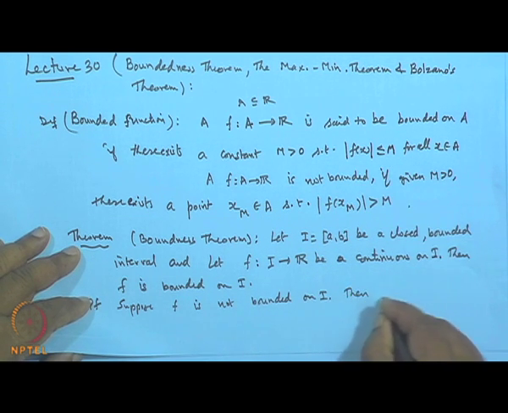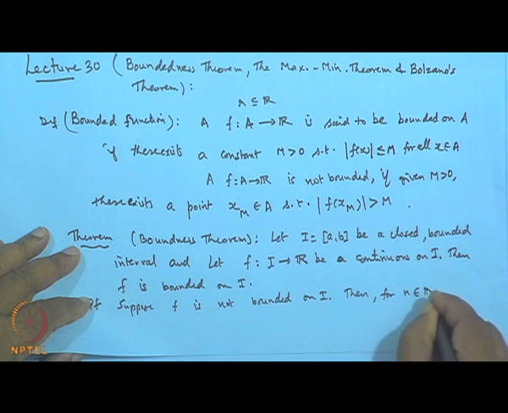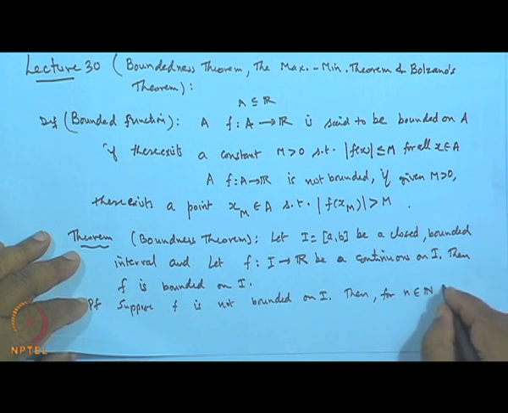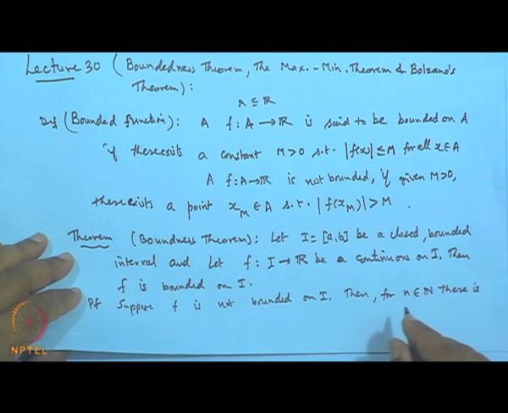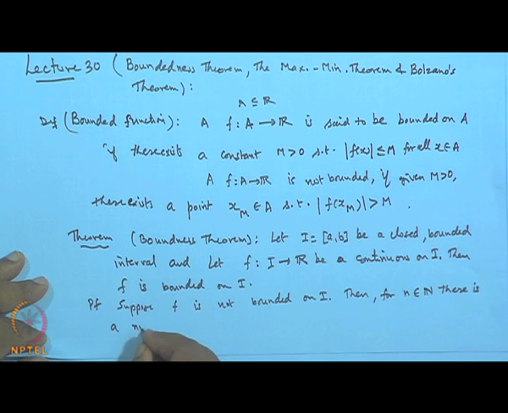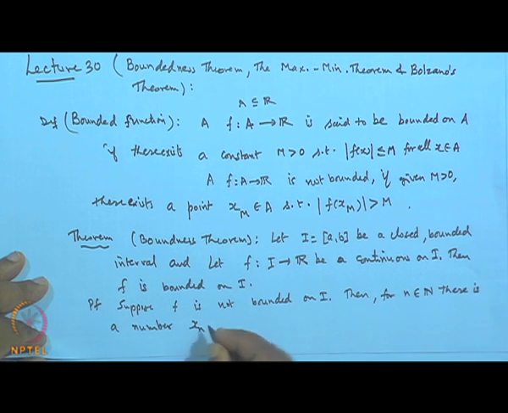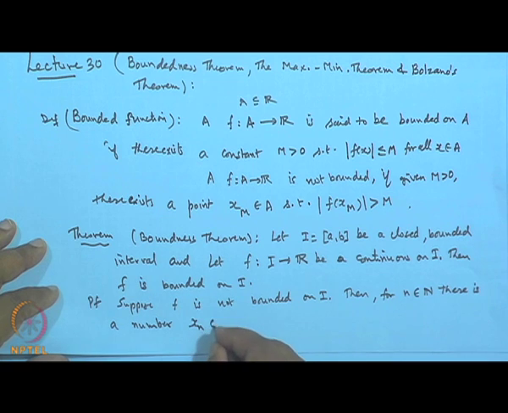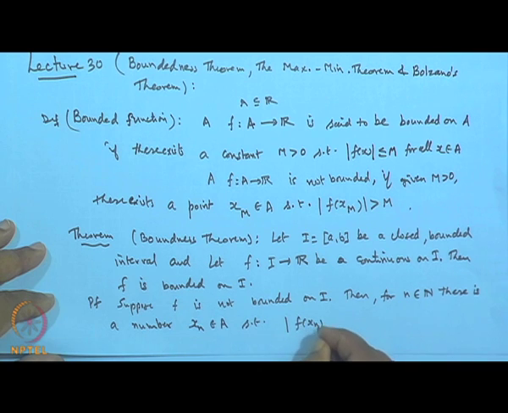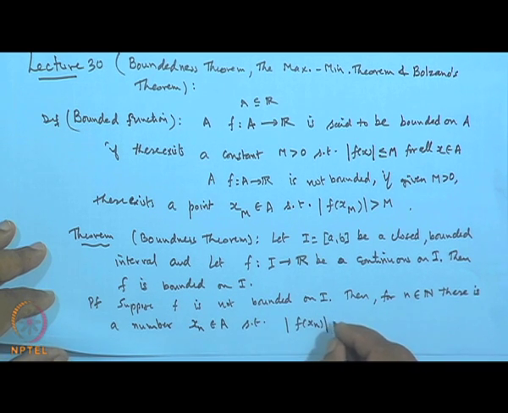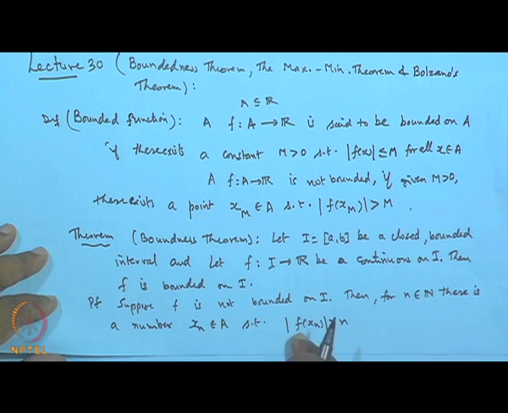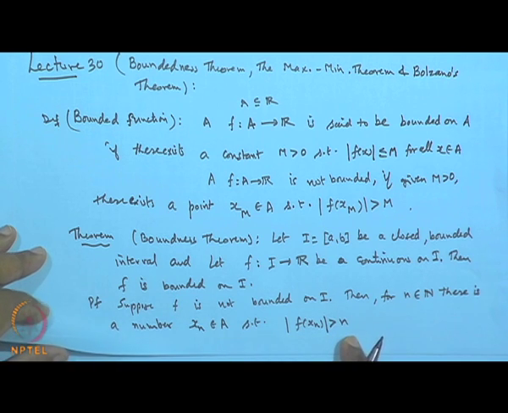So, for any n belonging to the natural numbers, there is a number x_n in the set I such that the absolute value of f(x_n) exceeds n. So, corresponding to 1 we get a point x_1 in I so that |f(x_1)| is greater than 1; for 2 we get x_2. So, we get a sequence of points in I which satisfy this condition, |f(x_n)| is greater than n.